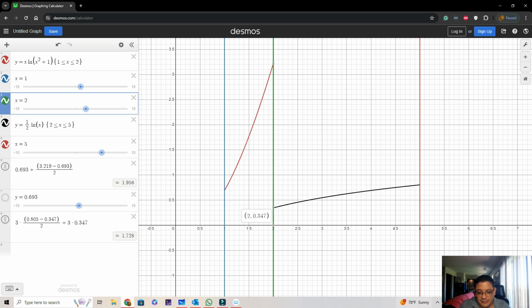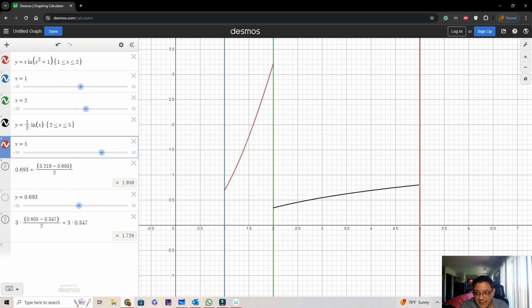And then we can use the same base of 3 by the height, which will be the difference between this point here, which is 0.805, minus 0.347. That's going to give me the height. So base by height over 2, plus the rectangle before, is going to give me 1.728.